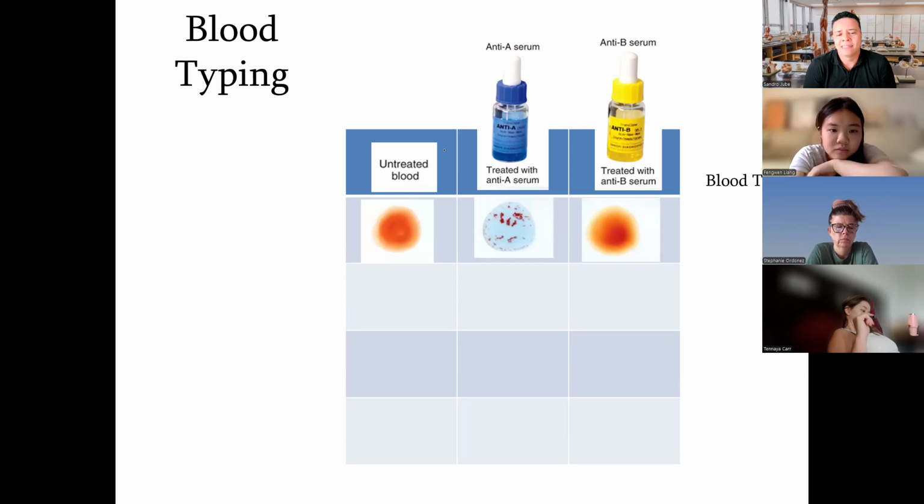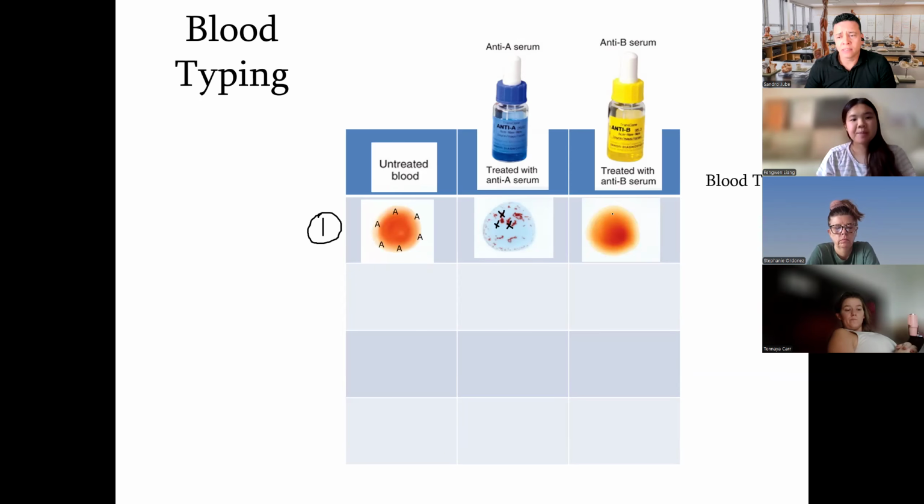All right, so when I tested this individual number 1 right here, when I added the anti-A serum, the anti-A antibody, we can totally see that it reacted with the cells and destroyed the cells. When I added the anti-B serum, nothing happened. So I can tell right away that this individual is a type A, because the antibody found the A antigen, bound to it, and destroyed it.